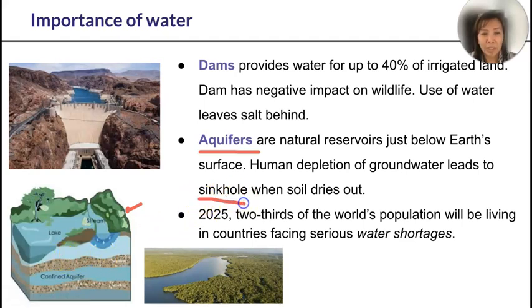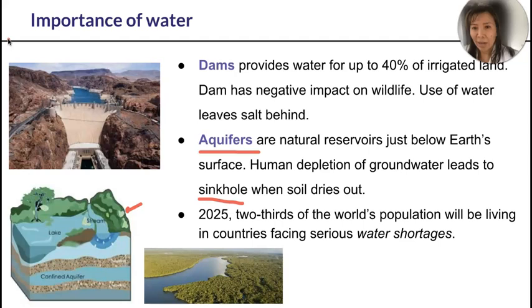So when you hear the term sinkhole, it's because the land is settling down because of the removal of all that water. As water is also being withdrawn as with a dam, as you're removing that water, you can leave behind salt. And so this leads to the same issue that you have with a dam, right? As you increase the amount of salt, it makes whatever existing water is still there a little more unstable.